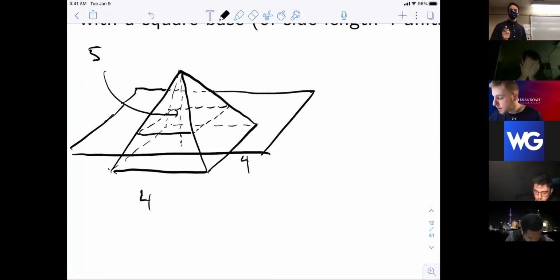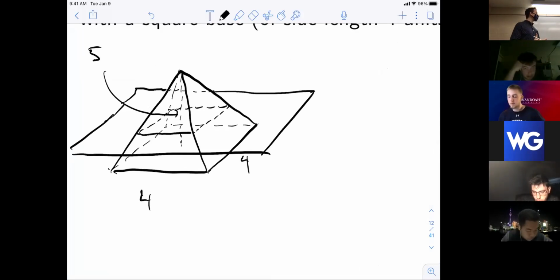It's definitely a smaller square than the actual base of the pyramid, but it's a square. And squares, I know how to work with. So we're going to look at taking cross sections of this thing parallel to the base, because those cross sections are going to give us squares.